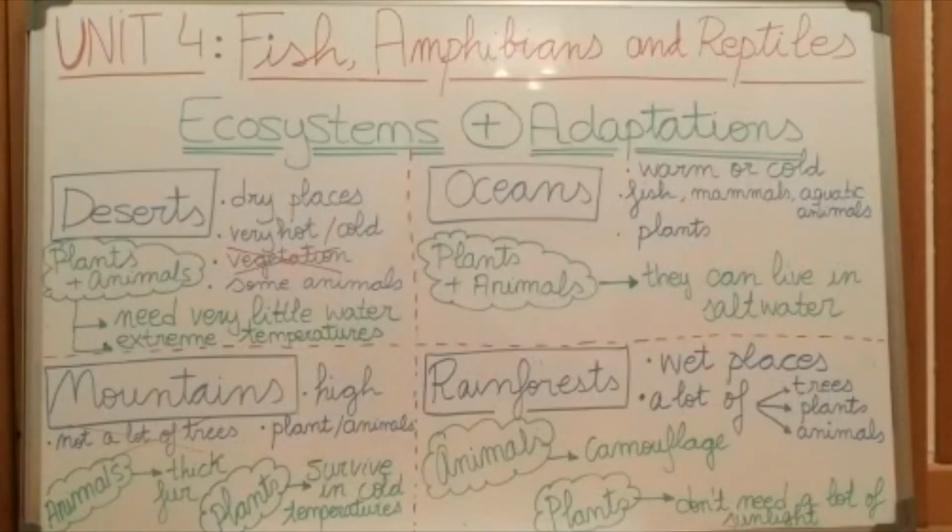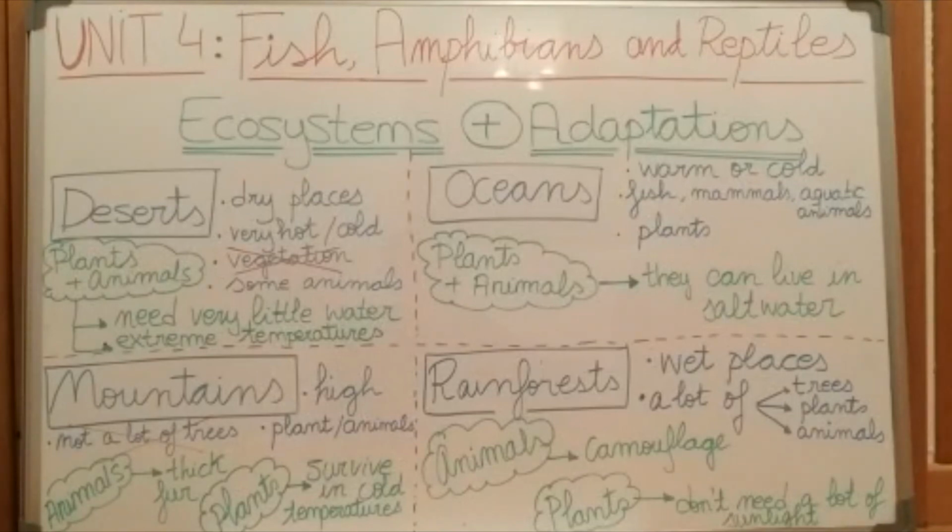Also, we have to talk about the mountains, the high mountains. This is the third ecosystem. As you know, the mountains are regions which are very high. You have to know also that there aren't a lot of trees. But for example, we can find some plants and some animals on the mountains. Okay? You have to know also that the animals that live in the mountains have thick fur. What's that?